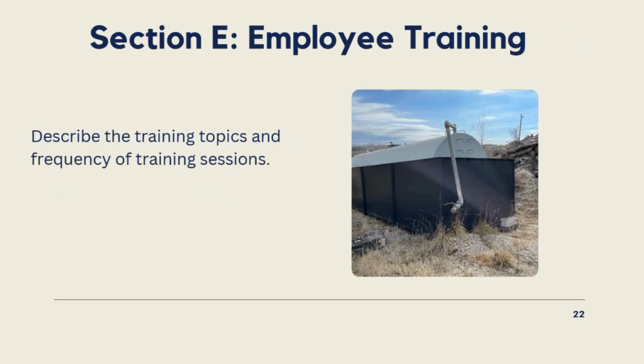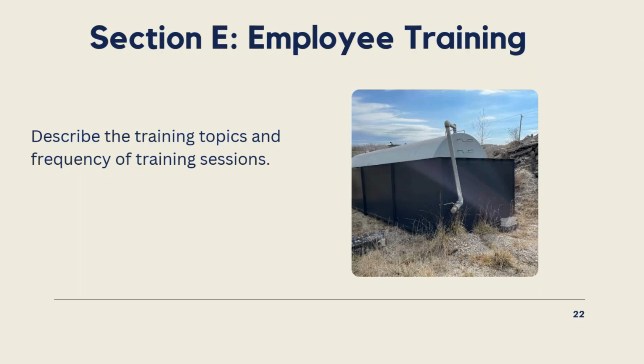We ask that with your GPP, you include employee training. If you have employees, this isn't applicable to everybody. If it's a small mom and pop shop where it's mom and pop running it, we don't expect to see an employee training regimen on there.